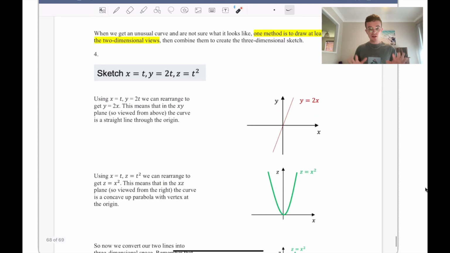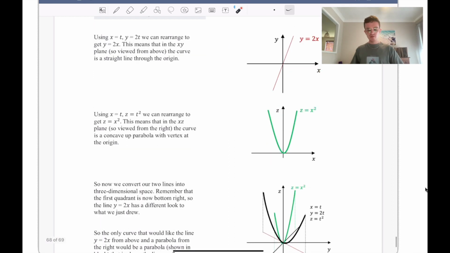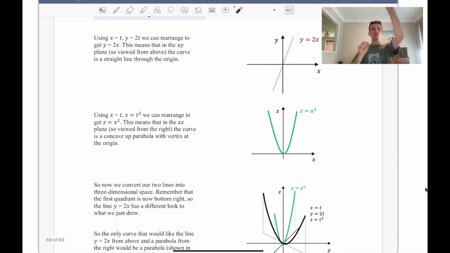So if I'm looking at this parabola from above, it's a straight line. If you are a parabola and you go above the parabola, you just see a straight line. You can't see anything else. If we look at it to the side, we just see a parabola. It's going to look funny, but we just see a parabola.